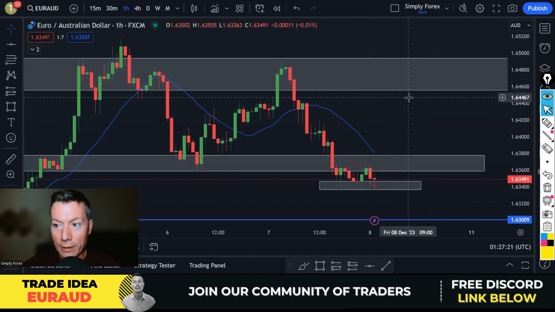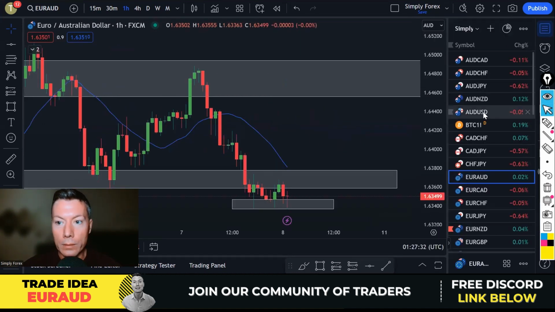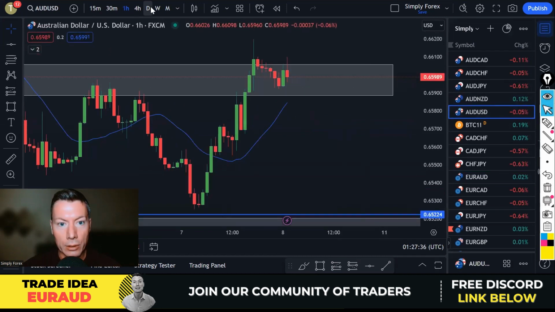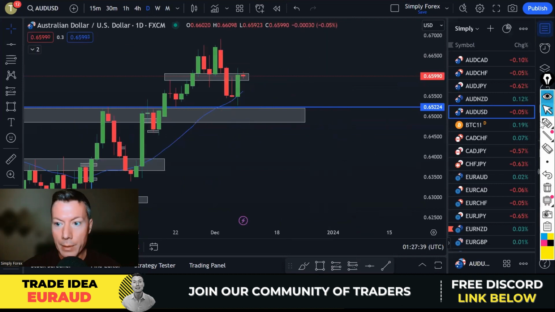Our second trade idea, and third, are US dollar pairs, and we're looking at US dollar weakness. I know a couple of days ago we were looking at Aussie dollar US dollar sells, because we had broken these lows.